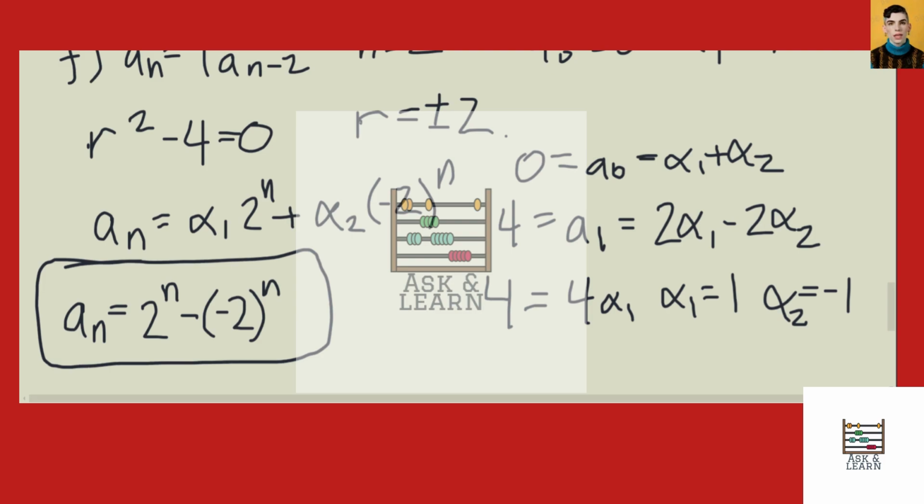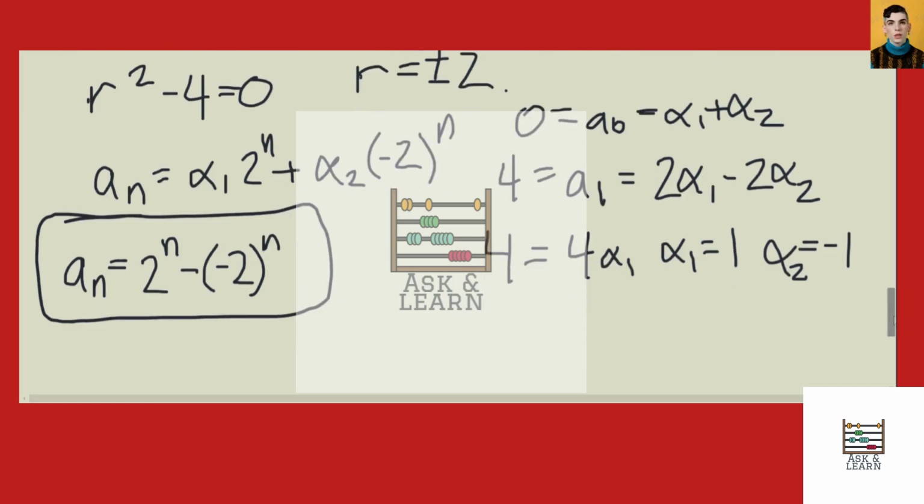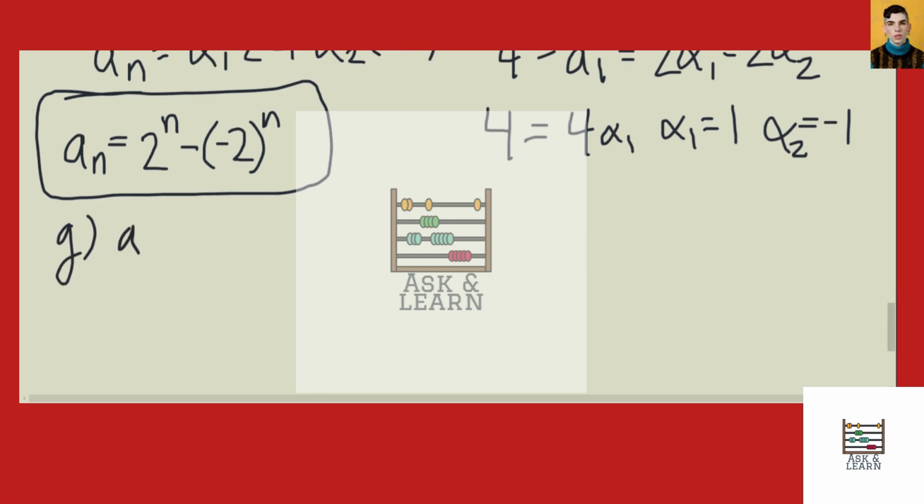In part G, we're given the recurrence relation a_n equals 1/4 a_{n-2} for n greater than or equal to 2, a_0 equals 1 and a_1 equals 0.